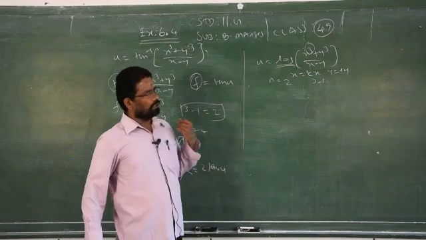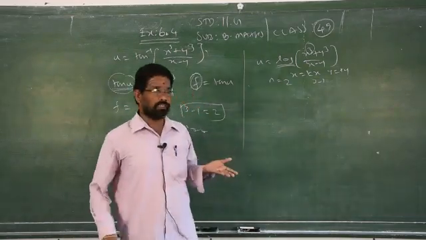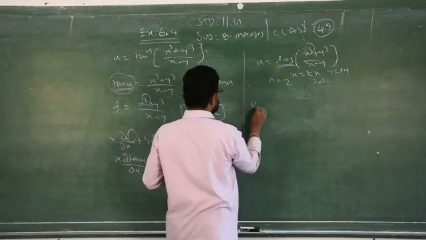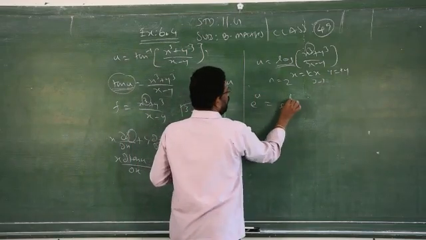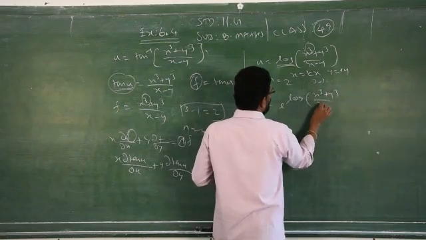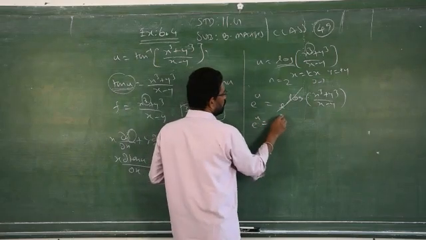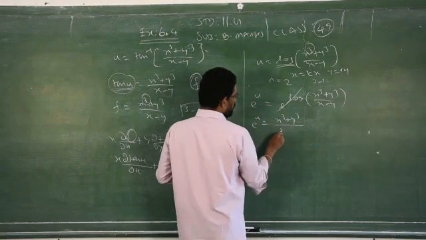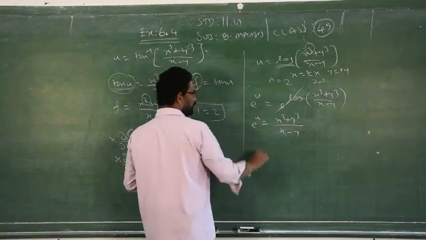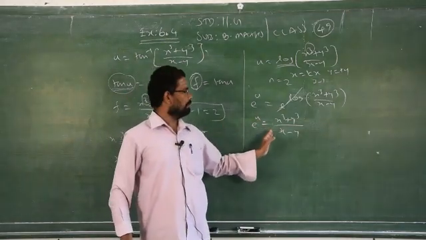How do you convert? You know the basic property. Log and exponential form are reciprocal to each other, so to eliminate log you take e on both sides. If I take exponential form on both sides, then I can easily eliminate the logarithm. Then e power u is equal to (x cube plus y cube) by (x minus y). See that, do you have any trigonometrical ratio, logarithm or exponential form on the right side?